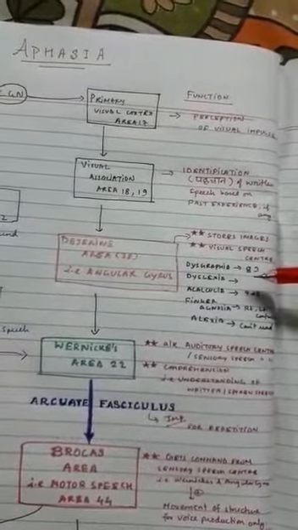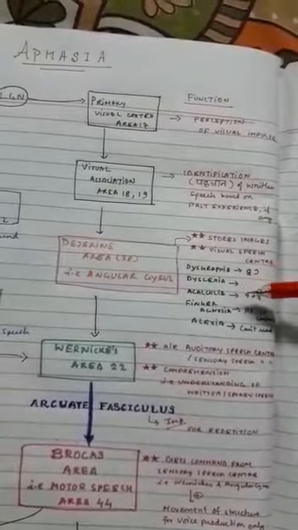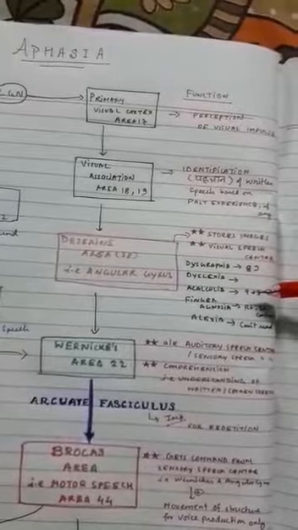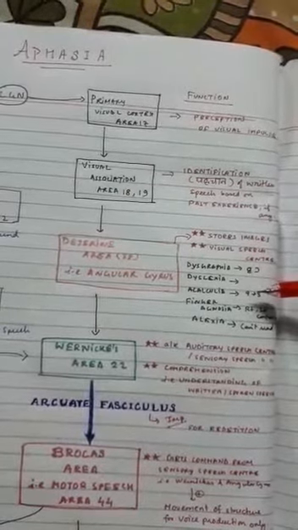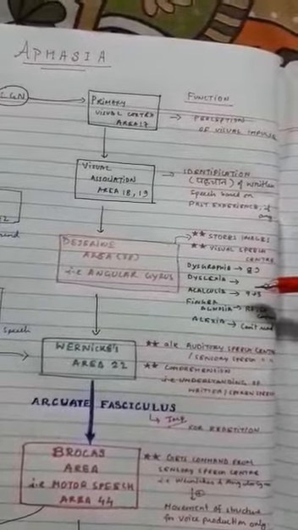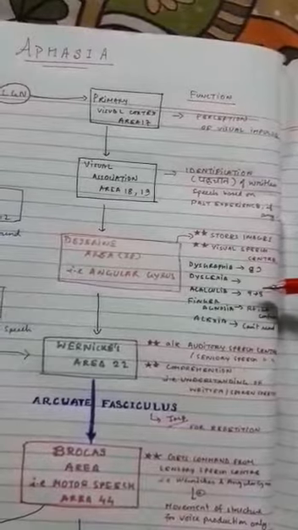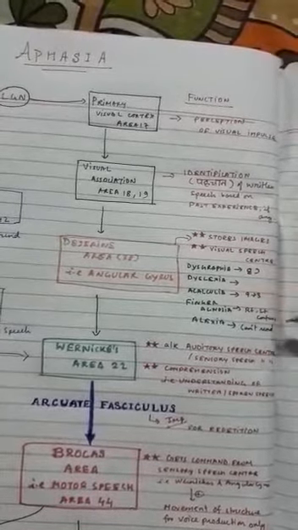If shown 3, he will say 8, like that. In acalculia, when we ask him to calculate or count the number, he will count in a different manner, suddenly saying from 9 to 3, like that. In finger agnosia, there will be right and left confusion.